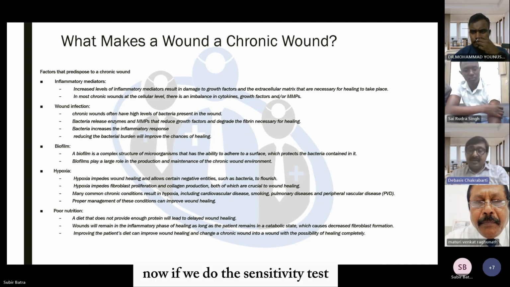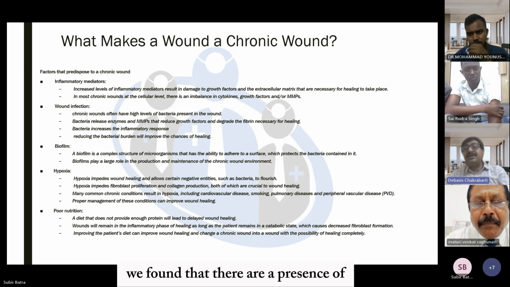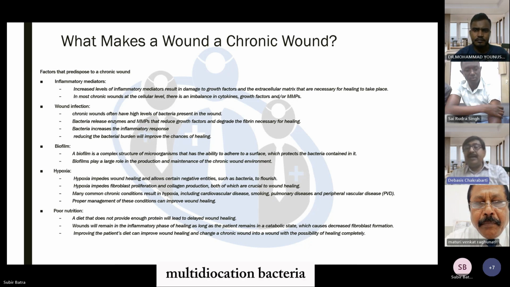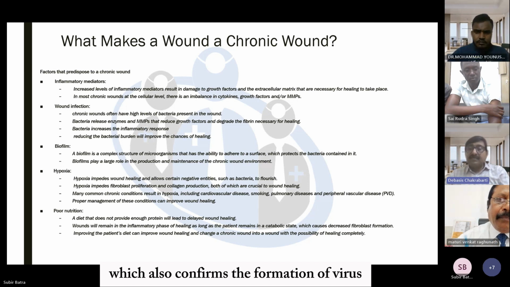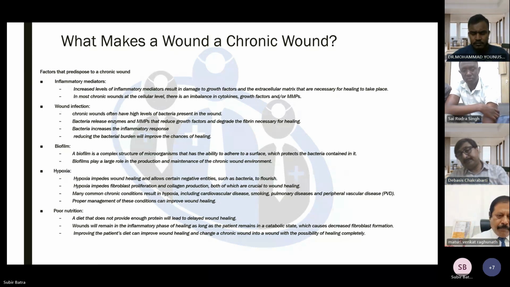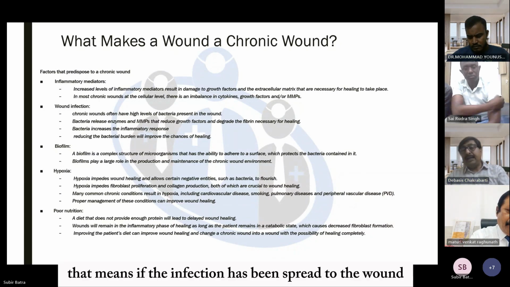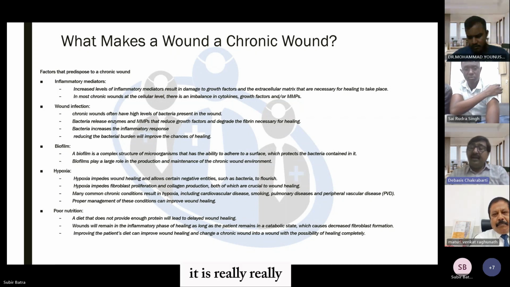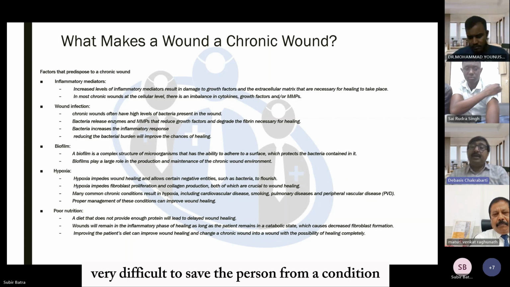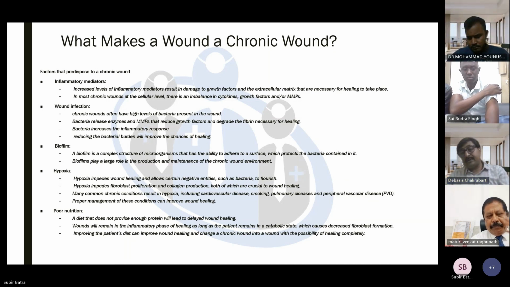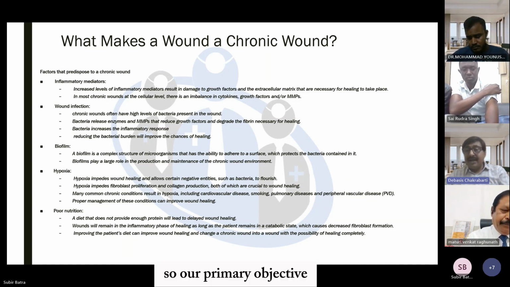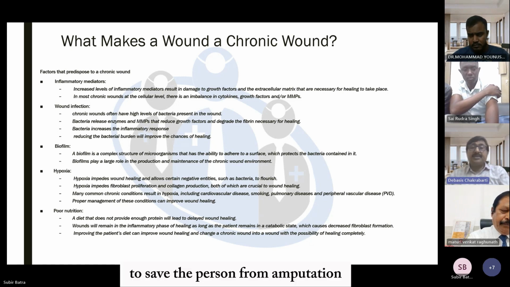If we do the sensitivity test, we find the presence of multi-drug resistant bacteria, which also confirms the formation of biofilms. Biofilms, if associated with the bone, that means if the infection has spread to the bone, it is really very difficult to save the person from amputation. So our primary objective is to save the person from amputation.